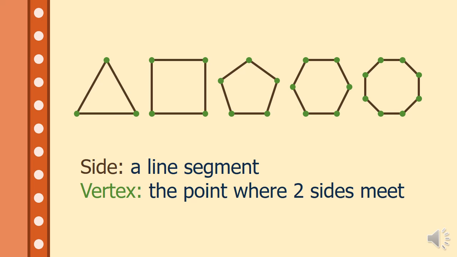So not only does a triangle have 3 sides, it also has 3 vertices. Same with a square. 4 sides, 4 vertices. A pentagon, 5 sides, 5 vertices. Go ahead and count them. A hexagon, 6 sides, 6 vertices. And an octagon, 8 sides and 8 vertices.